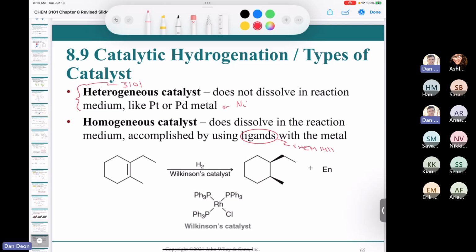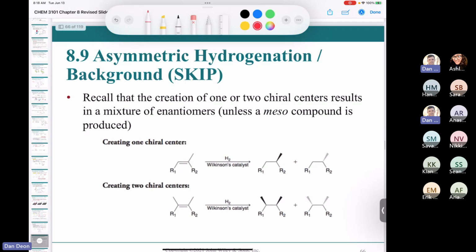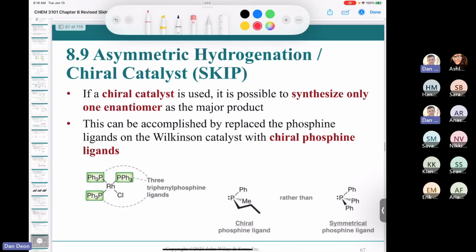And if you're wondering why you would even care about that, it's because with some of these homogeneous catalysts, you can do a stereoselective hydrogenation, or enantioselective is what I should have said. You can make one enantiomer over another. But you can see that I skipped this section. Why? Because it's not covered in the final exam.